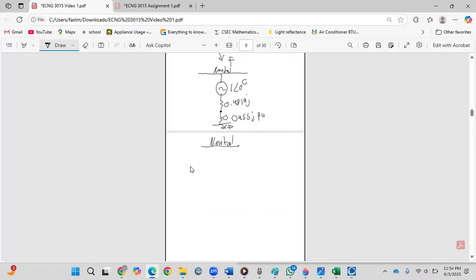And then finally, when we add the two together, we end up with the generator and the two impedances. When you add those two in series, it should be around 0.525 J per unit. And then we have the fault, which is what we wanted.